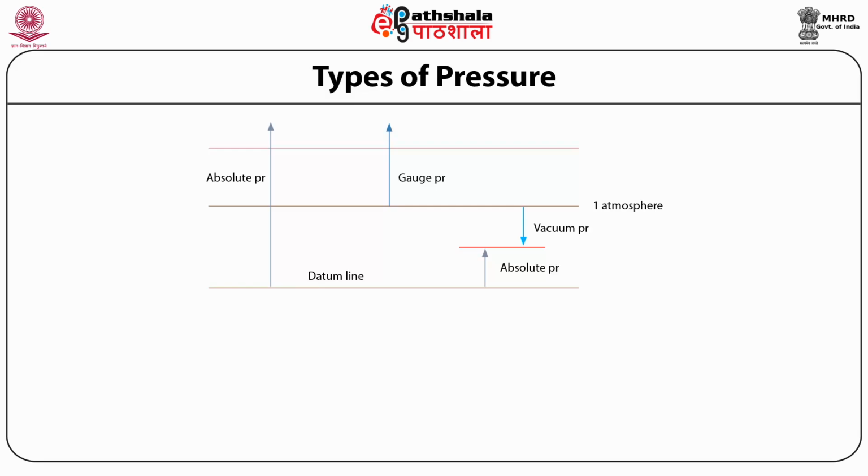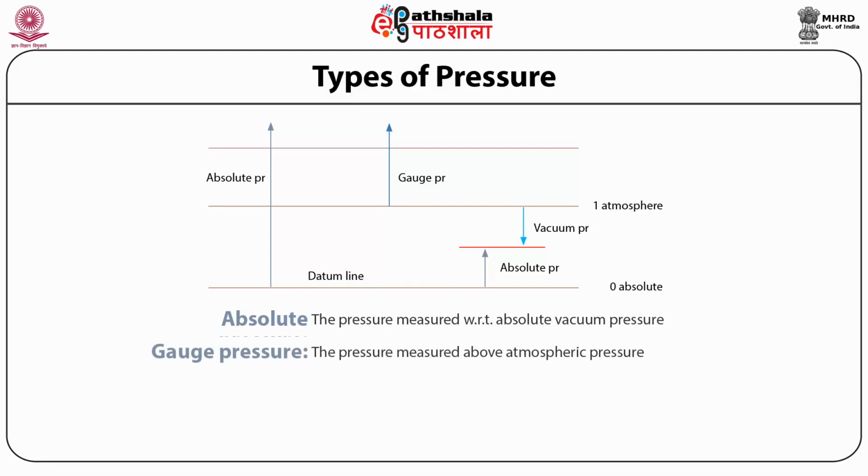So, the relation between the absolute, atmospheric and gauge pressure is developed as P absolute is equal to P atmospheric plus P gauge. That means P absolute is always above the P atmospheric.